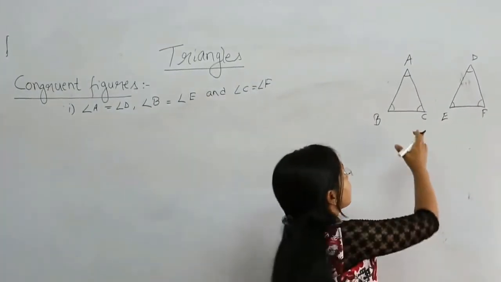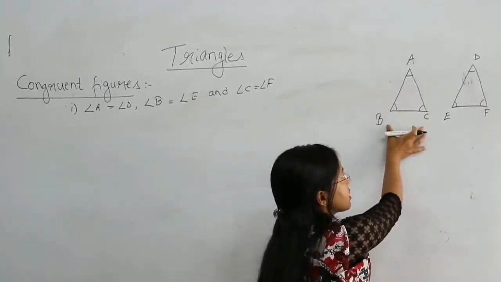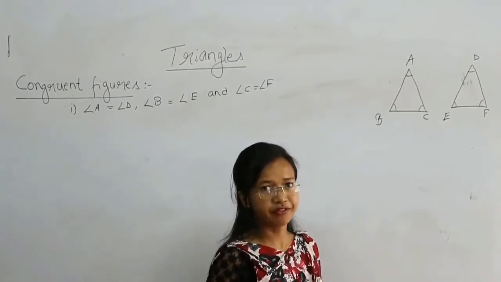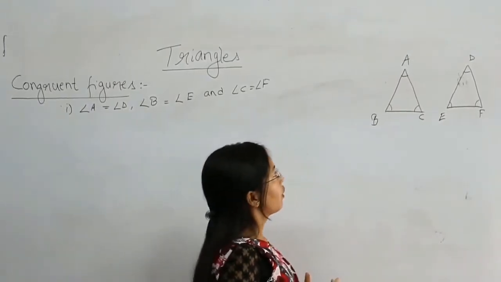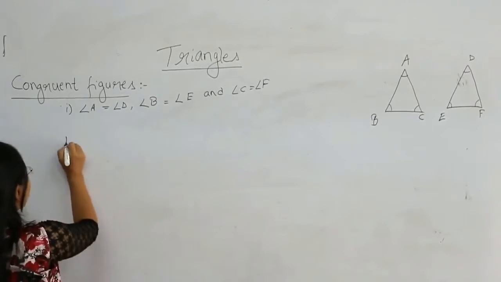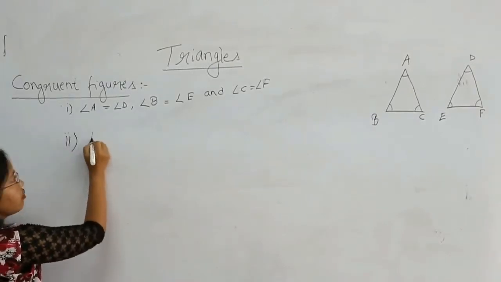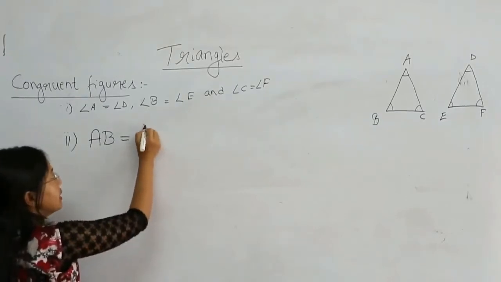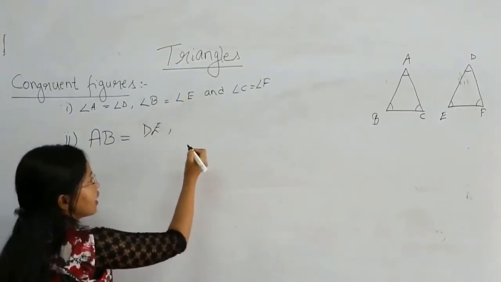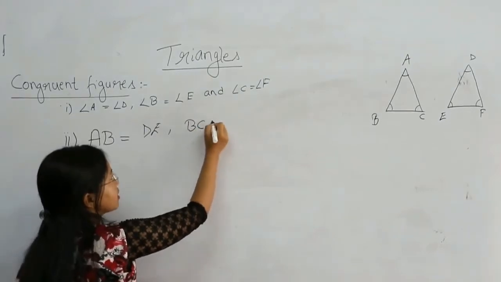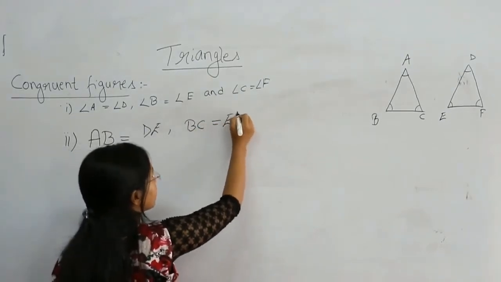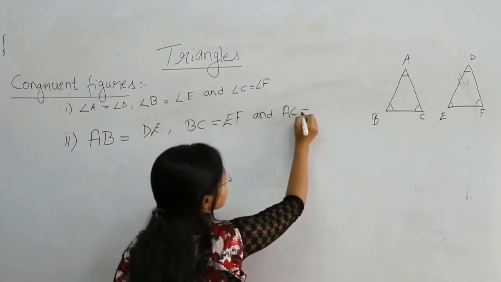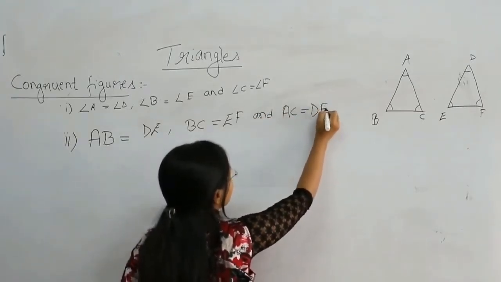It means here the corresponding sides of triangle ABC must be equal to the corresponding sides of triangle DEF. So the second point: side AB must be equal to side DE, side BC is equal to side EF, and side AC is equal to side DF.